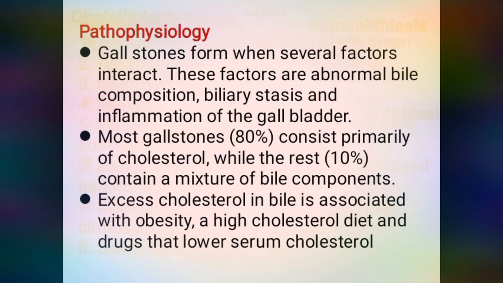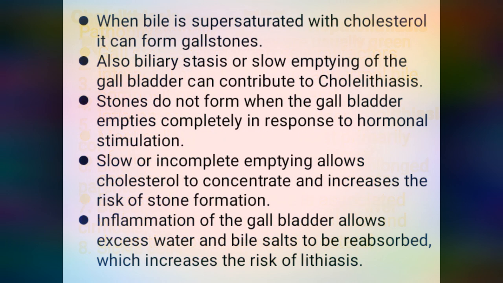So the excess cholesterol in the bile is associated with obesity, a high cholesterol diet, and drugs that lower serum cholesterol, just like we have seen under predisposing factors. When these factors are present and they influence the occurrence of the stones, the bile becomes supersaturated with cholesterol, which can form the gallstones.